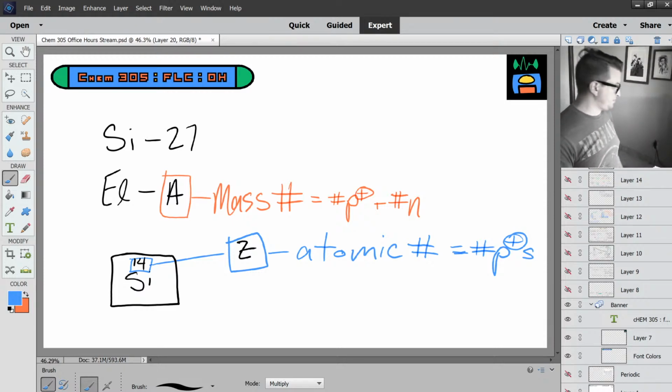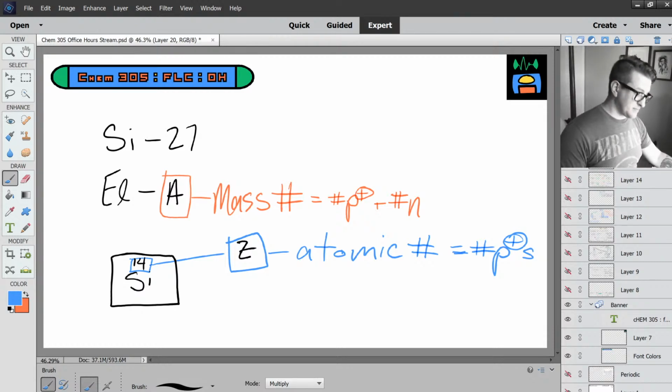Spot on correct twice over. Let's see, and if I wanted to find the amount of neutrons, yep. You got it.